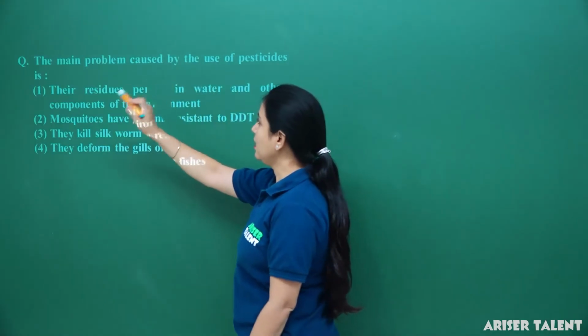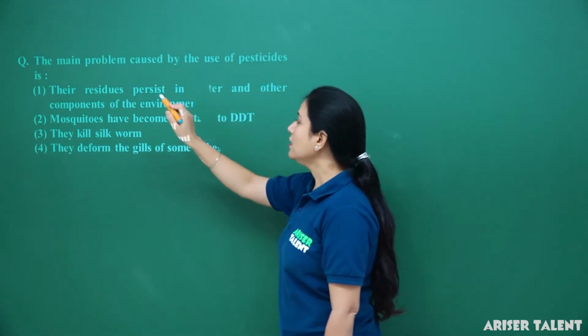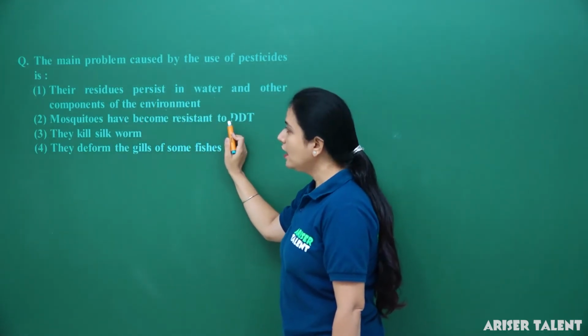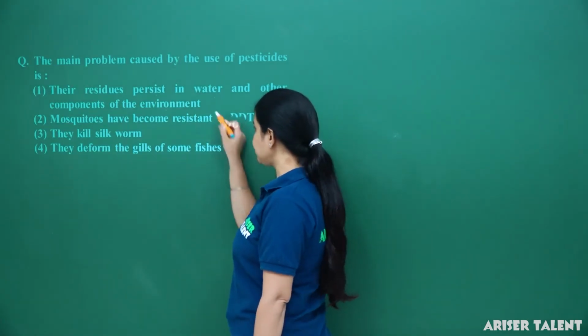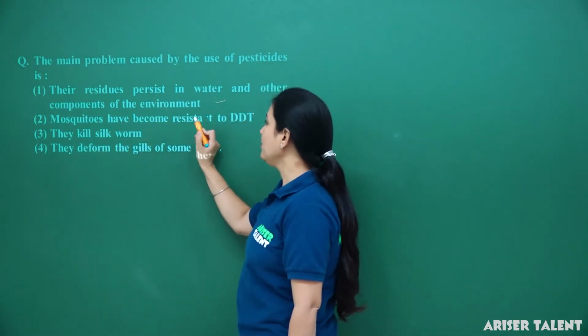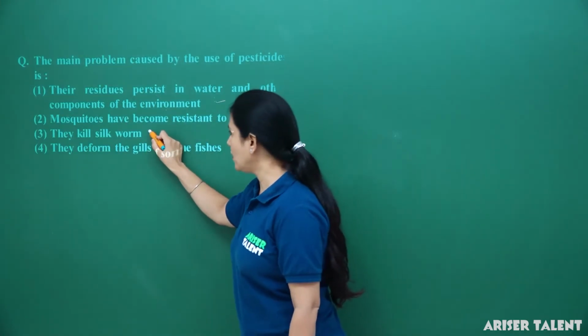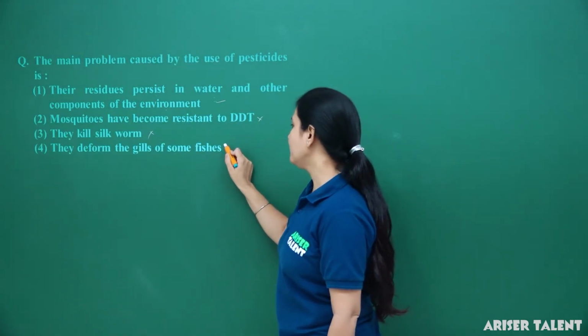Next, the main problem caused by the use of pesticide is that the residue persists in water and other components of the environment. It is true, and they are very harmful to living beings. Mosquitoes have become resistant to DDT? No. They kill silkworms? No. They deform the gills of some fishes?